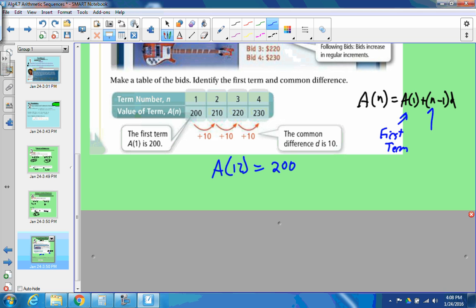Then n is which term we're trying to find, so 12 goes in there, minus 1. And then at the end, that's times the common difference, which is 10. So remember, that is the common difference.